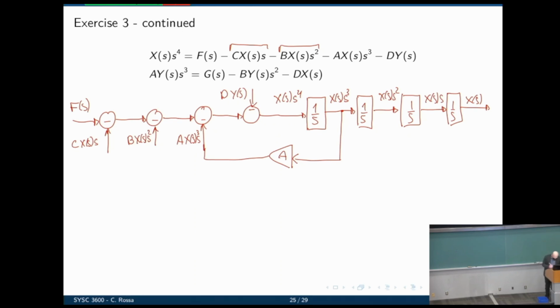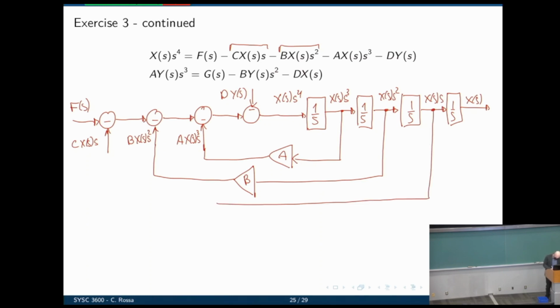Now we also need b times x of s, s squared, and here it is. Just multiply that by coefficient b and feed it back there. And finally, c times x of s times s. There we go. And you need also d, but d times y of s is not ready yet. That comes from the other equation.